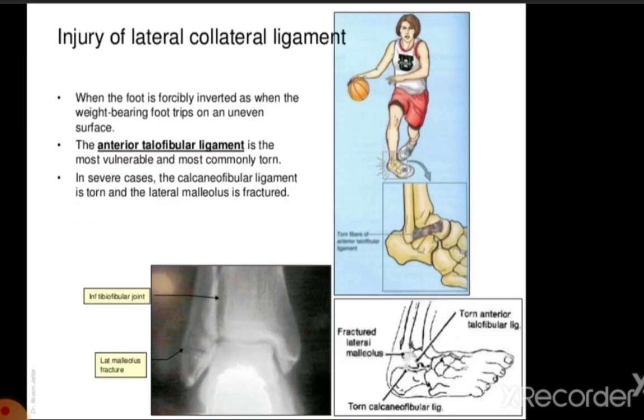There may be the chances for injury to the lateral collateral ligament also, as in the case we can see during football playing or during any accidental case, there is injury to the calcaneofibular ligament and lateral malleolus is fractured.